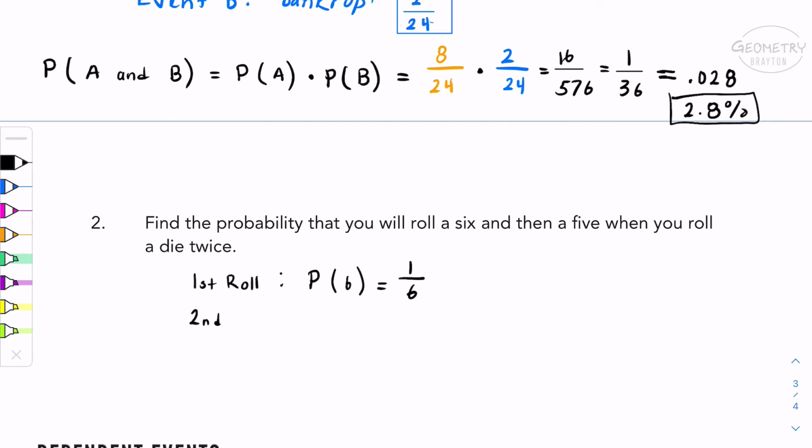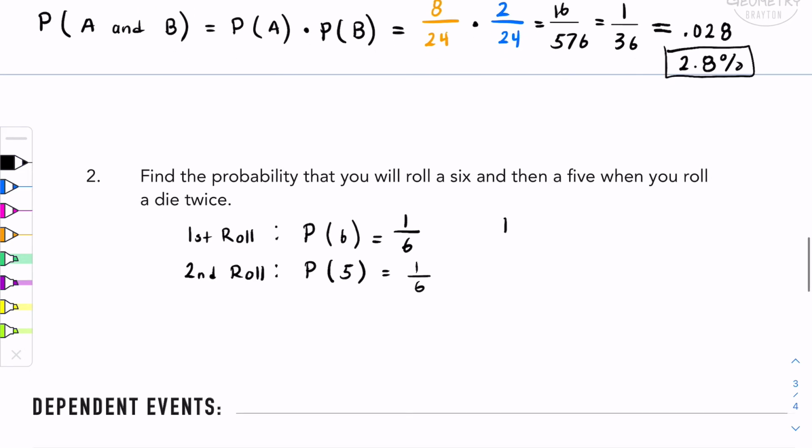For the second roll, the probability of rolling a 5 is also 1 over 6. For the total probability, the probability of getting a 6 and a 5 is when you multiply the probability of getting a 6 by the probability of receiving a 5 when you roll the die.